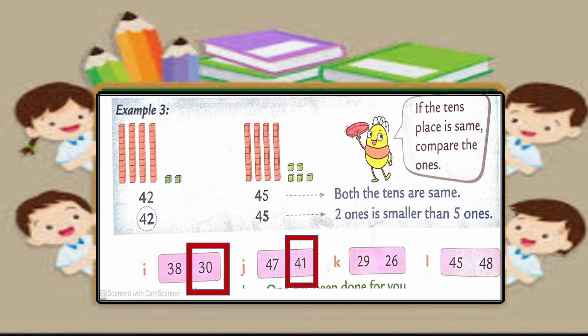K. 29 and 26. 29 and 26. So here we can say that 26 is the smaller number. We have to make a circle around it.